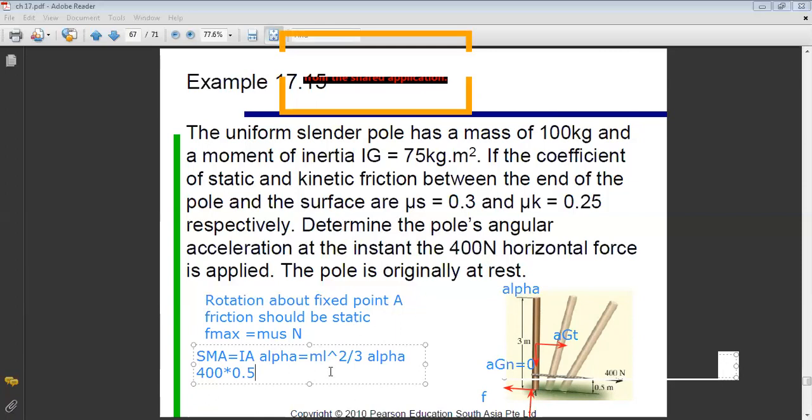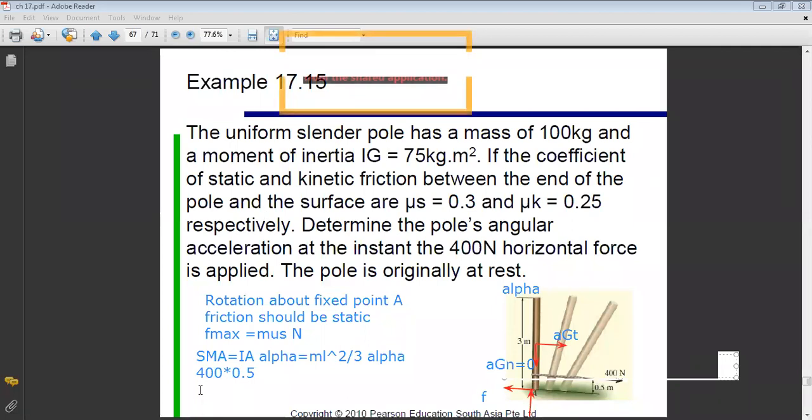The only unknown in this equation is alpha. I get alpha. So I am done with my first unknown, alpha. What is the second equation I can use? When you have rotation about a fixed point, how can you relate AG tangential and alpha? Summation of x?